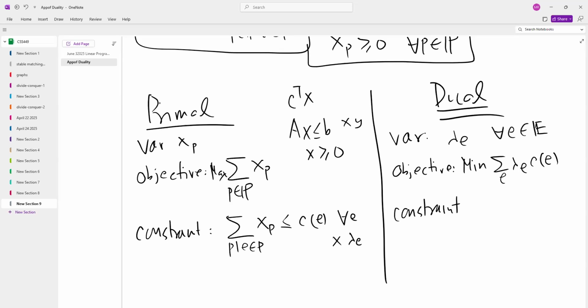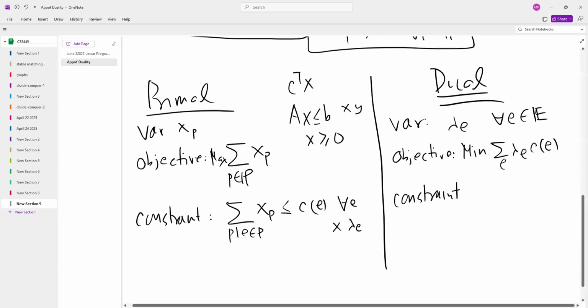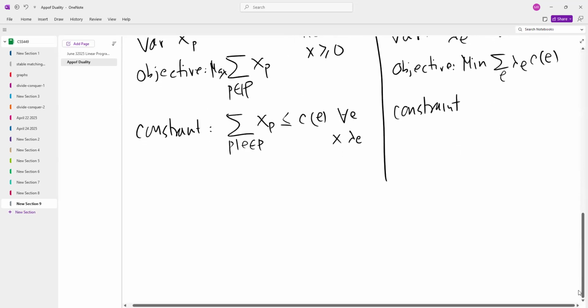So the way we can think about this is, what was the objective of taking the dual? We were taking the dual because if you look here, we are multiplying the upper bound of the constraint by a lambda such that the sum of these linear combinations dominates the objective function, right?